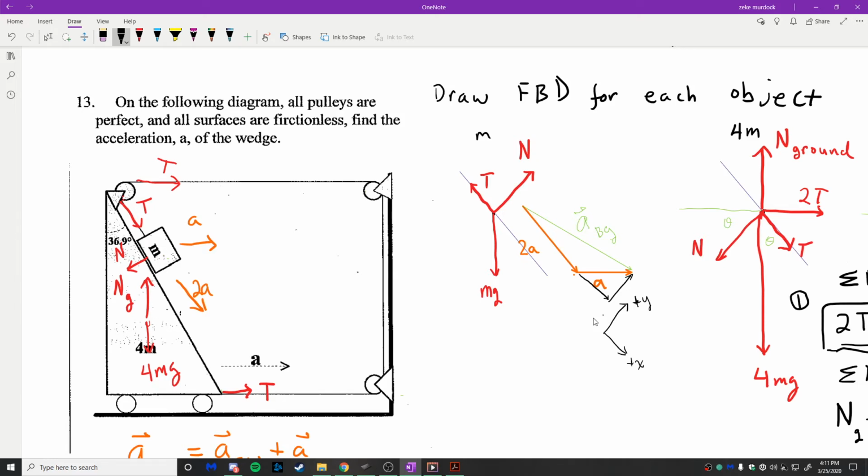Now, we know that this angle here is theta, right? So I believe this angle here is going to be theta. How can I show that to you guys? This acceleration basically points to the right. I have to draw it on the picture.